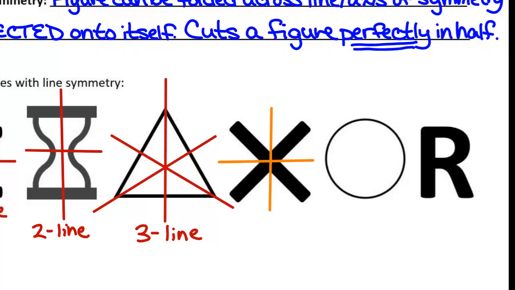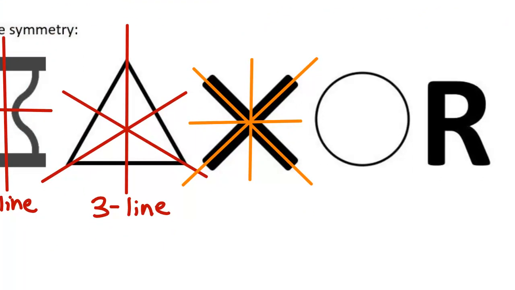If I cut it right through one of these lines, could I fold it on top of itself? So there's 3 lines of symmetry. Any others? Yeah. I can go diagonally the other way. So how many lines of symmetry does my X have then? 4 line symmetry.